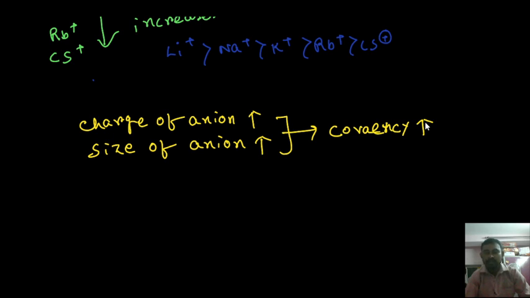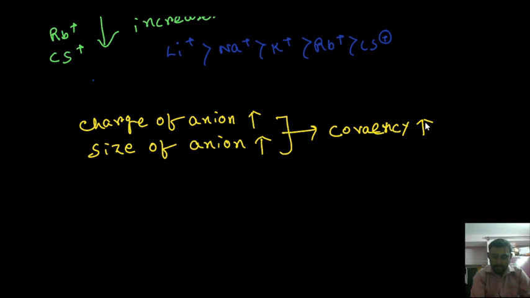And if the size of the anion increases, the anion's nucleus does not attract the negative electron density too strongly. As a result, the cationic nucleus attracts the anion electron density, so that will lead to more polarization, that means more covalency.